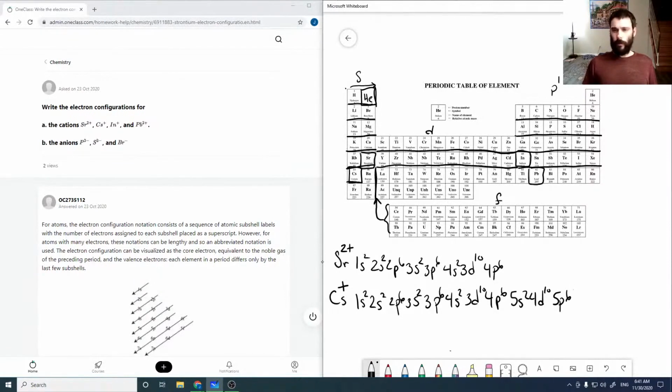And now for indium, well, indium is over here, so it is strontium plus the D electrons.